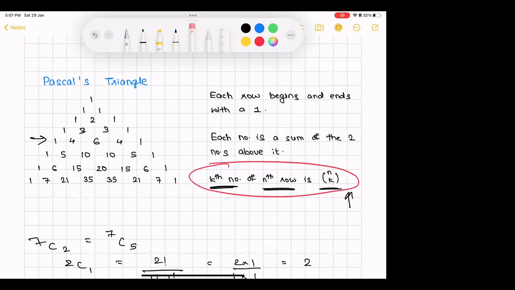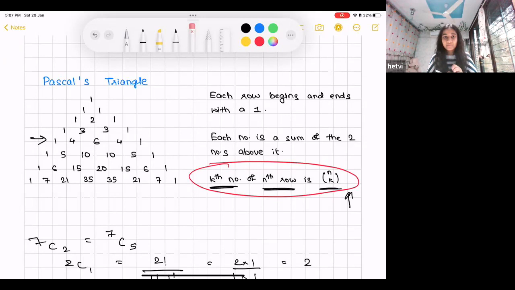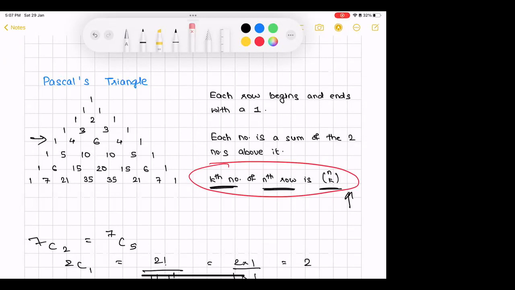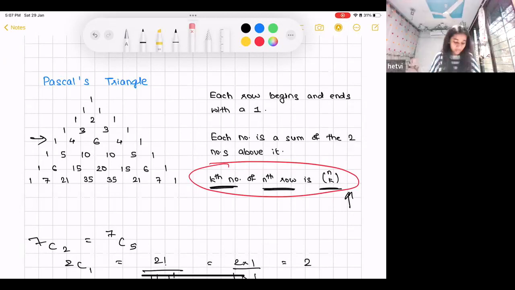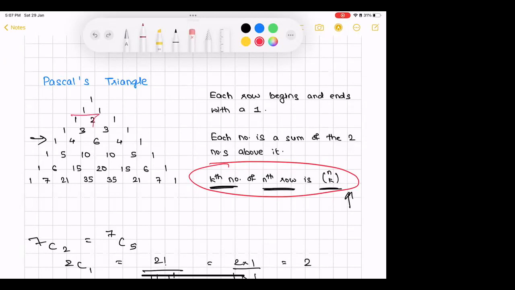Who is that? It's Shrutika. Okay, hi. Tell me. Yeah, so for example, I'm taking the numbers 1, 2, and 3, which are in the second row and the third row. So I can say 2C0 plus 2C1 should be 3C1.